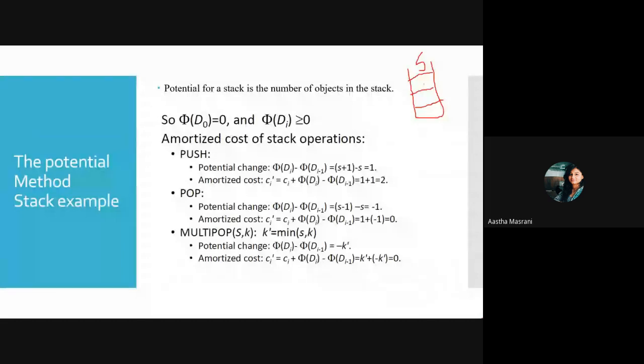Now, calculating the amortized cost for any operation. The amortized cost for the operation is the actual cost plus the potential change.